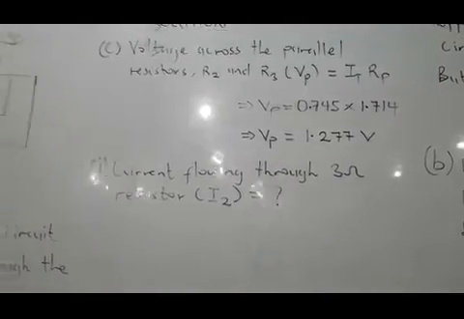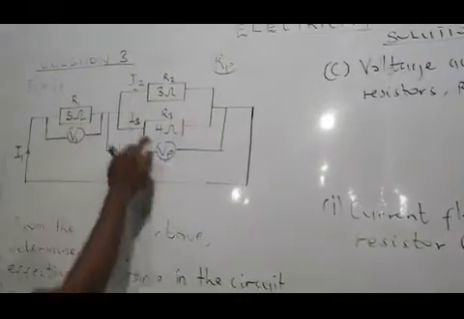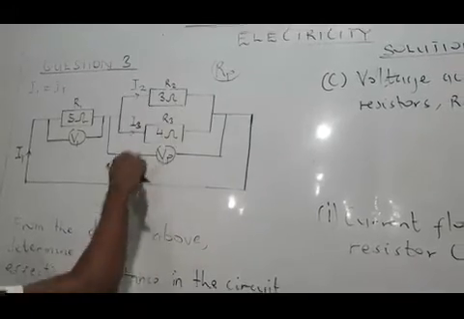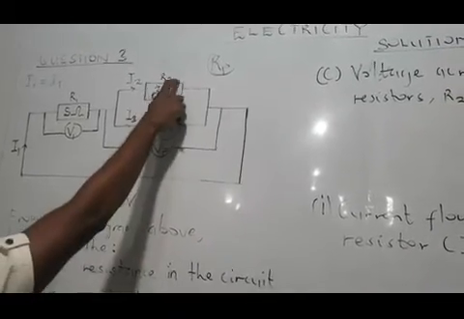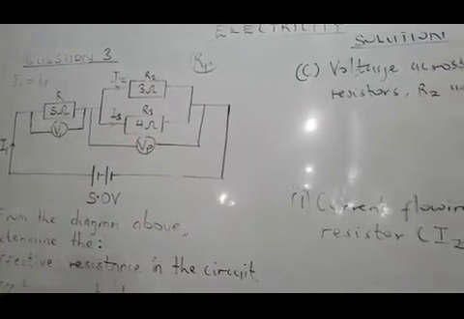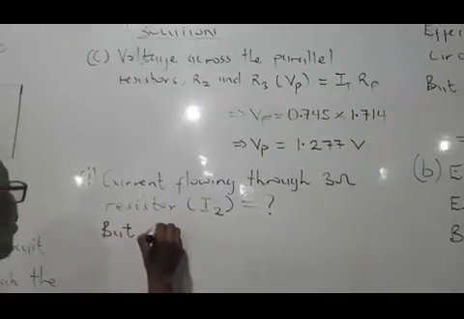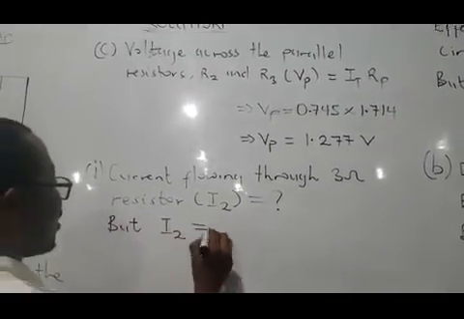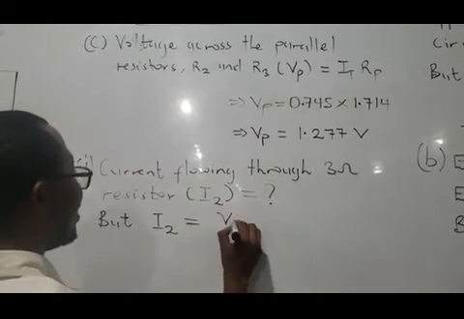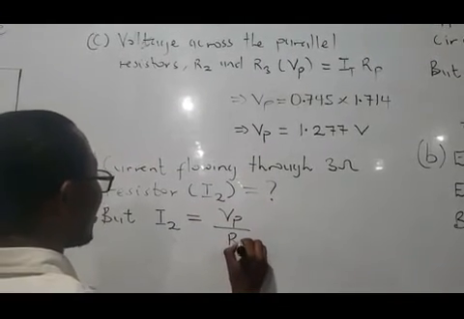So we are looking for I2. As I say, your I2 here will be the voltage across the power connection, which is VP, over the resistance R2. Your current is always the voltage over the resistance. So the voltage there is VP, the resistance is R2.